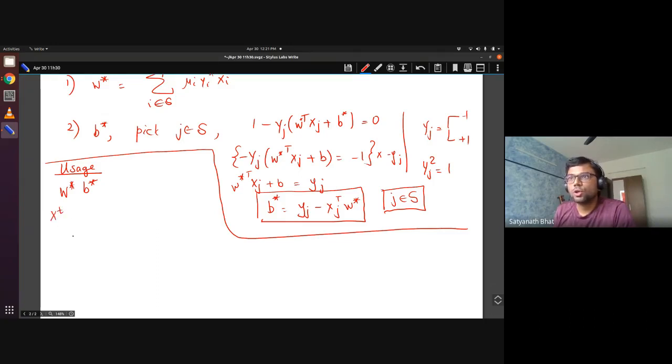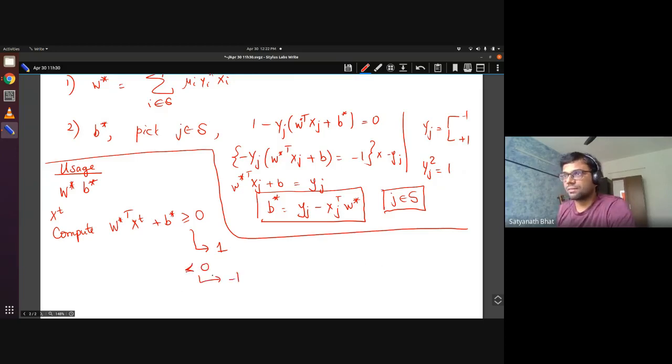What you will do is compute W star transpose xt plus B star. If this number is greater than or equal to 0, then you will report 1. If this is less than 0, then you report -1. So this is our final usage of this algorithm.